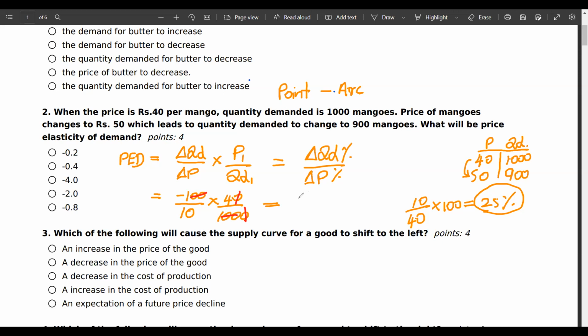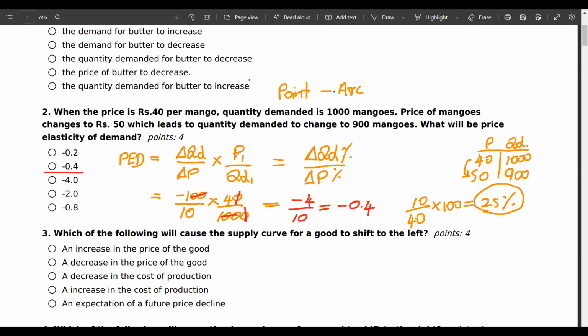You'll be left with minus 4 divided by 10. Minus 4 divided by 10. That means your answer will be minus 0.4. And that's answer number 2. So that's how you do this particular question.